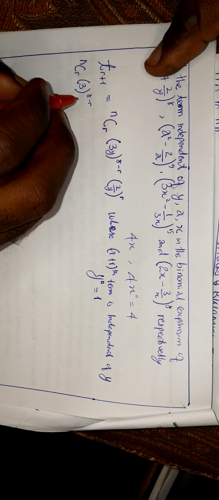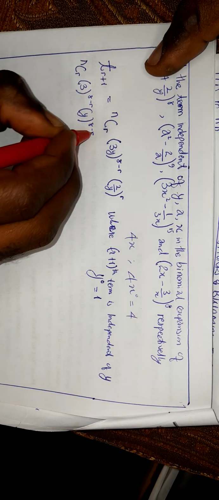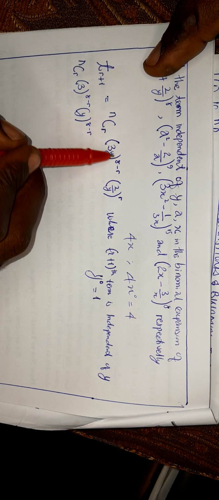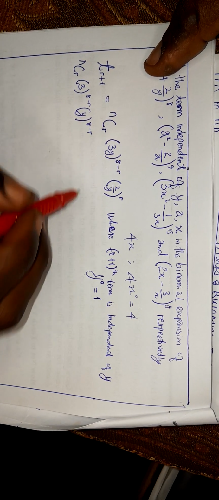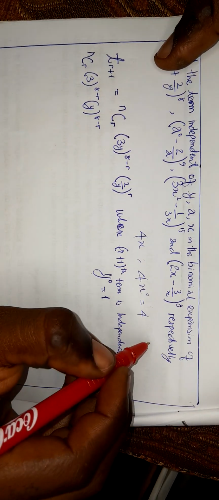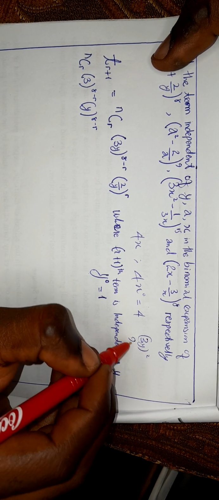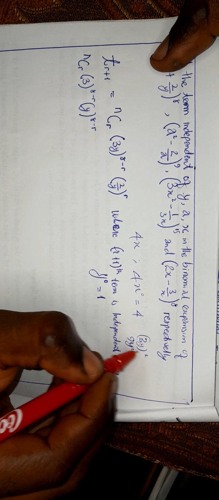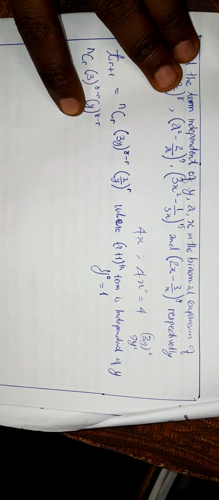Remember, I want to isolate y to the power of 8 minus r. This law of indices, the power law. So this 3 can go take 8 minus r, and then this y. It's just like having, let's say, 3y to the power of 2. The answer will be 9y squared. Now it's 3 squared, 9, y squared. So that's the same law that applies to this.